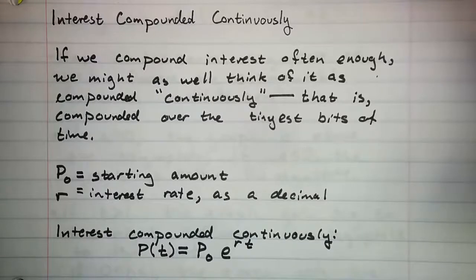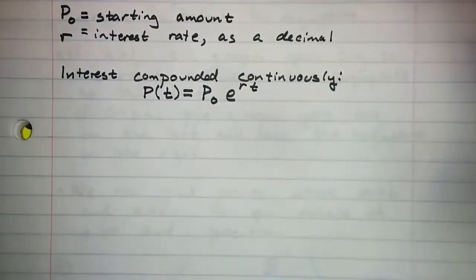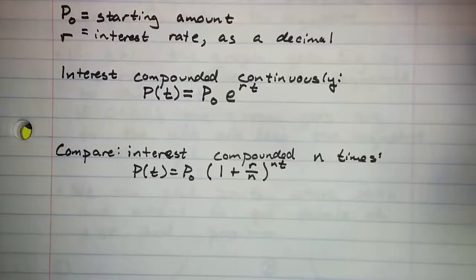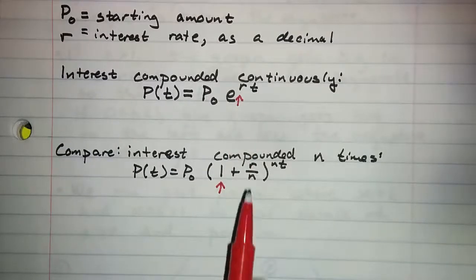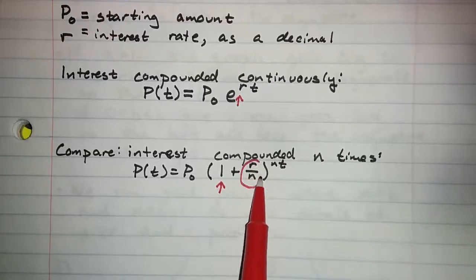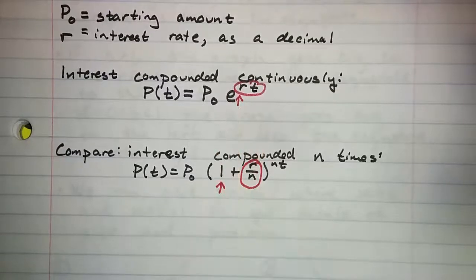Now, there's something I want you to notice in comparing this to interest compounded with some frequency. The specific thing that I want you to notice is, here we add 1, here we don't. Here, R appears in the base, here, R appears in the exponent.